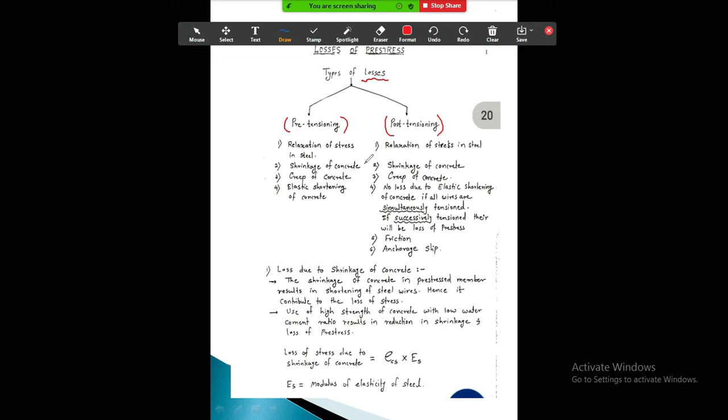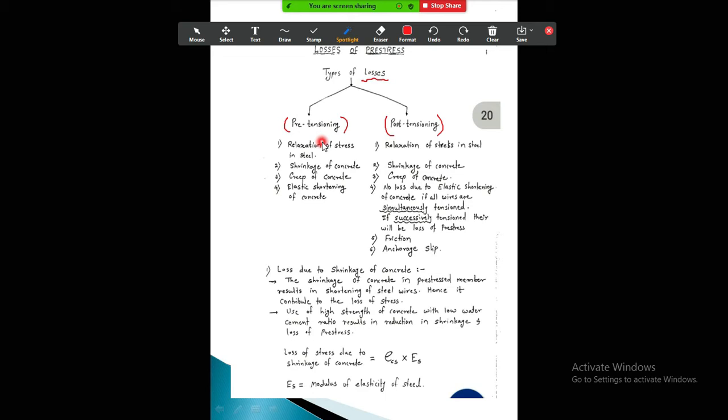Here, in pre-tensioning there are four types of losses, and in post-tensioning there are six types of losses.